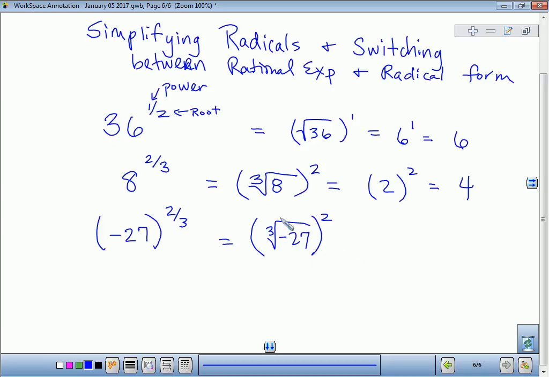We have a negative under the radical, but it's an odd root. And we can take odd roots of negative numbers. If we tried to take an even root of a negative, we'd get i, wouldn't we? But we can take odd roots of negatives because a negative times a negative times a negative is negative. So the cubed root of negative 27 is negative 3. But then when we square that, it does become positive 9.